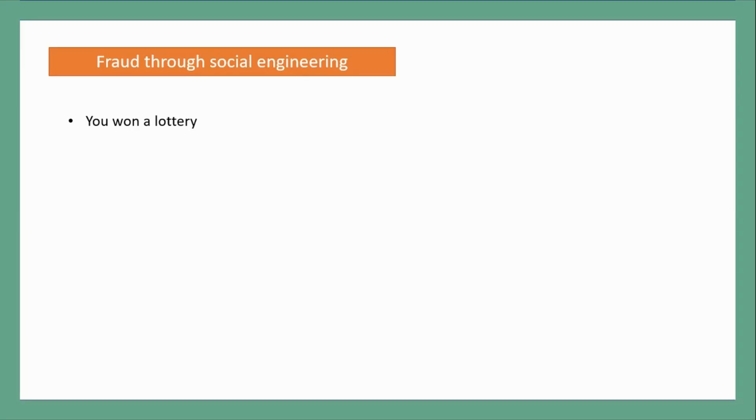So the victim will transfer that money to the fraudster, and then the fraudster will be gone. Or it could be a fraudster who is calling and appearing as a bank officer saying your loan has been sanctioned and you just need to pay the loan processing fee before the loan can be disbursed to you. So the victim will transfer the loan processing fee to the fraudster, and the fraudster will run away.